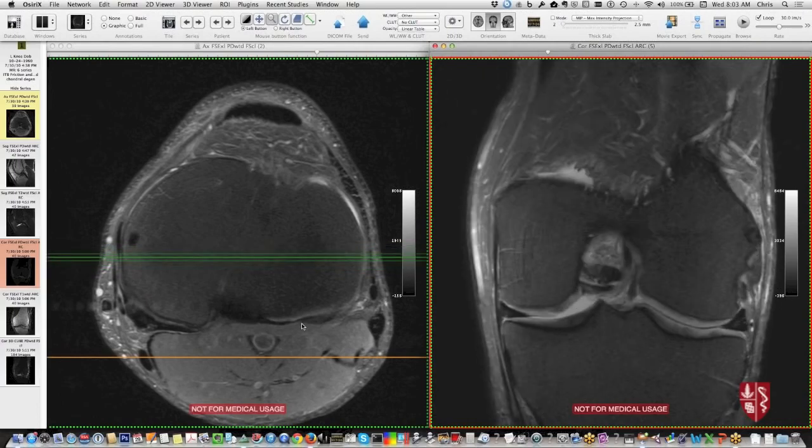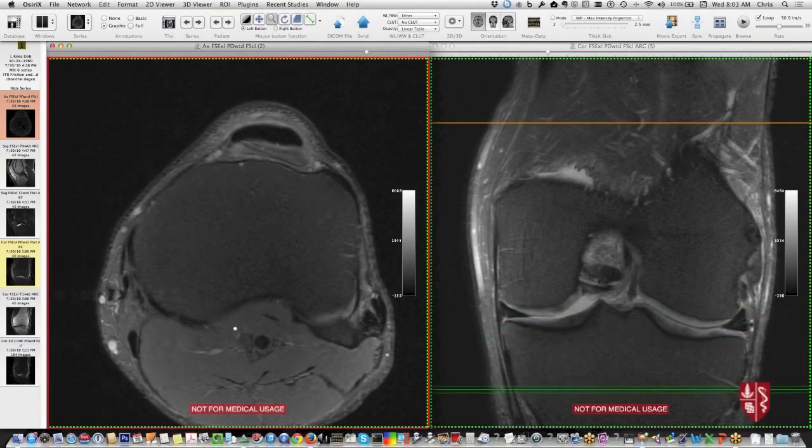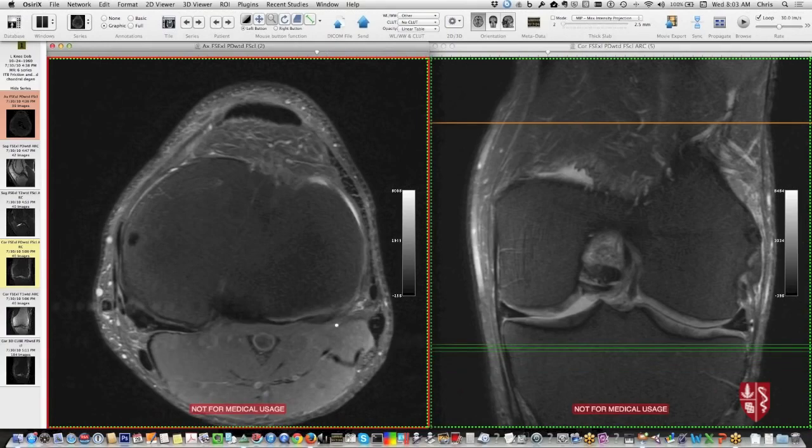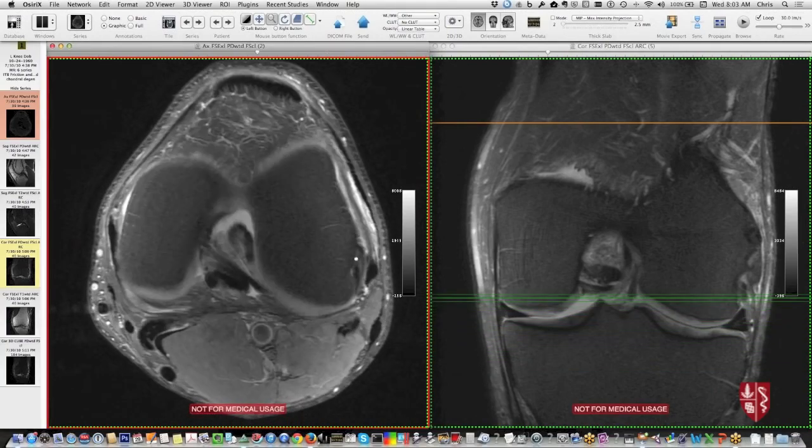If you look at the axials, the popliteus muscle is just in front of the popliteal artery here, in the popliteal fossa, tendon inside, and you come up here, the tendon's going around, cruising around the lateral aspect of the knee to insert there.